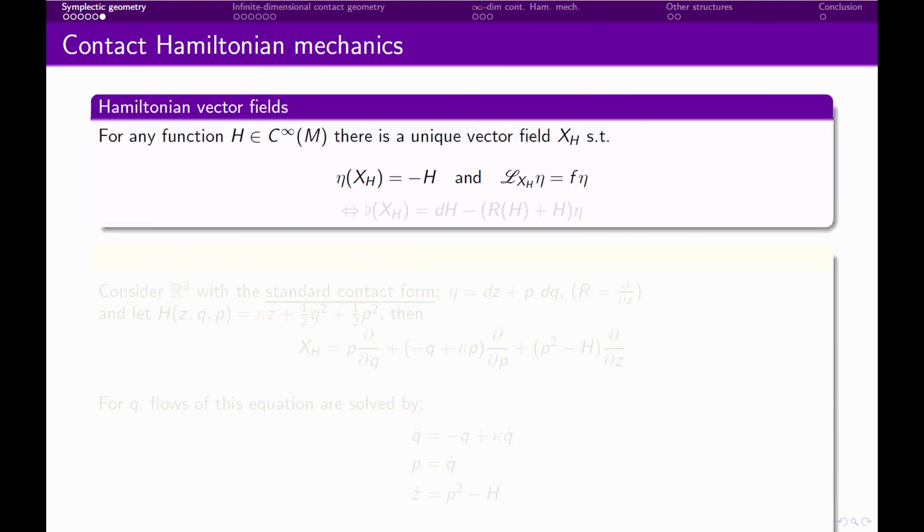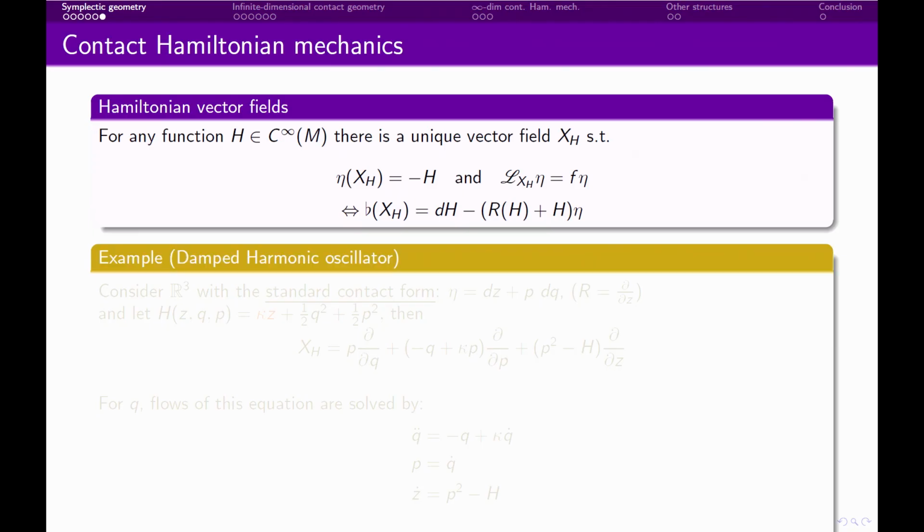Okay, and then we can do contact Hamiltonian mechanics. Basically, for any function h, in finite dimensions at least, there is a unique vector field that satisfies these two conditions, and this is a slightly more succinct way of writing those conditions.